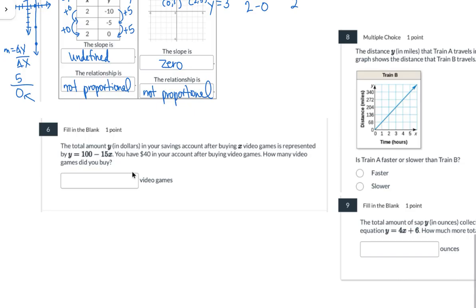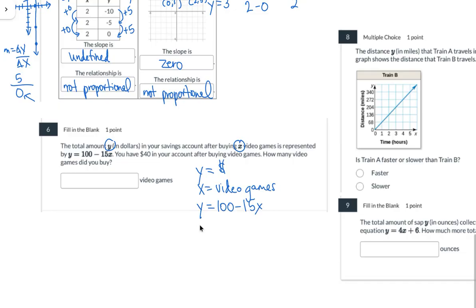All right. So let's go ahead and say what we know, okay? So we have the y and the x. So we say y, the units are dollars. x is video games, okay? We also know that they gave us y equals 100 minus 15x as a relationship between your savings account and the number of video games that you bought.